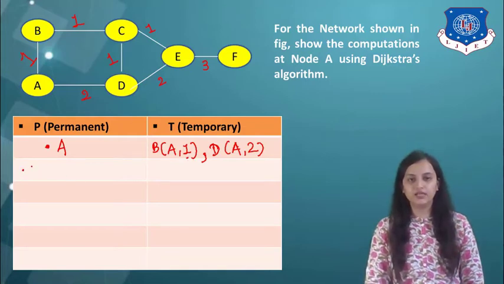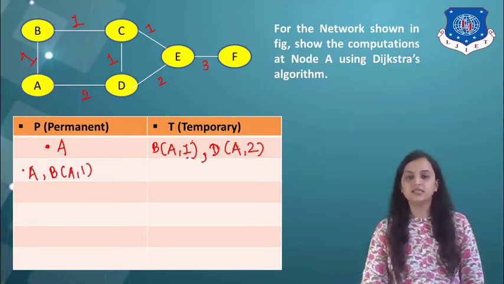So the next entry over here is B, A, comma 1. Now as this node B is moved to the permanent side, we need to carry forward the remaining one, that means D, A, comma 2.